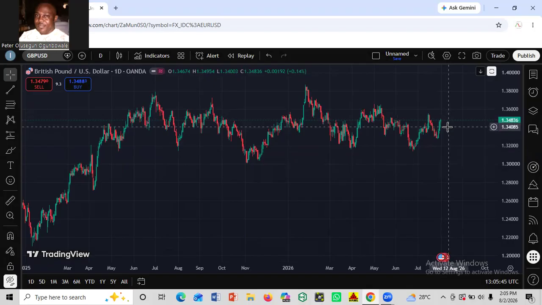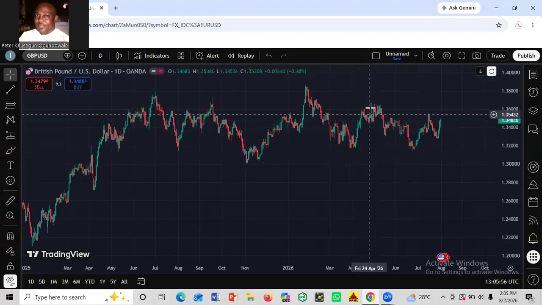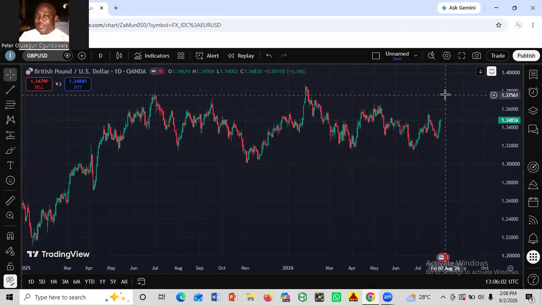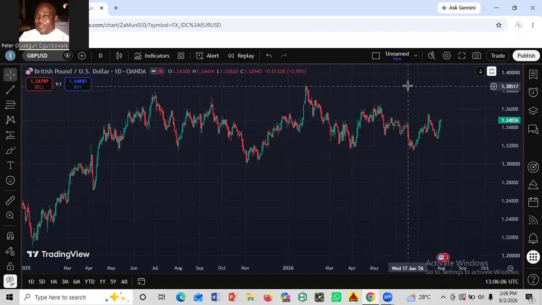We look for correction, one more wave to the upside before we look for the possibility of selling. So it might just give us a complex A of B, B of B, and an ABC of C here. This may take the top without breaking this top before they go down.